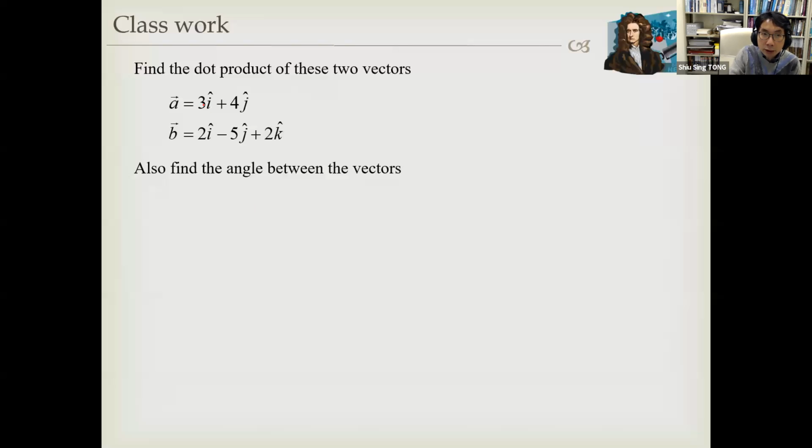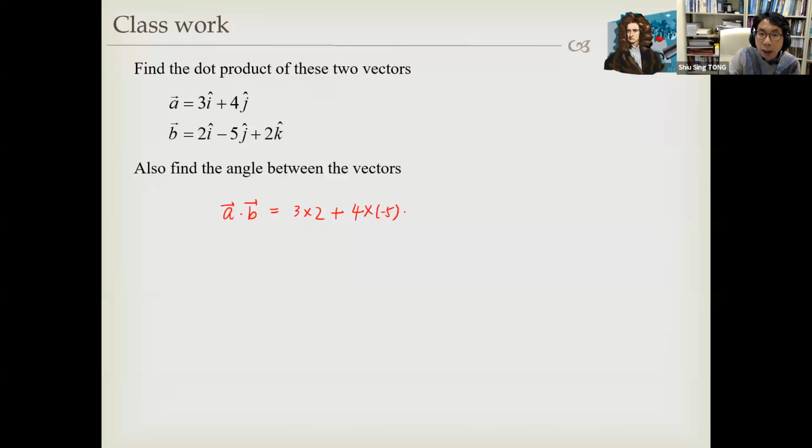So this is A dot B. What is A dot B? I have the X component of the vector A multiplied by the X component of the vector B. So I now have 3 times 2, right? And then I have the Y component of A multiplied by the Y component of B. For the Y component of B, don't forget the minus sign before the coefficient.